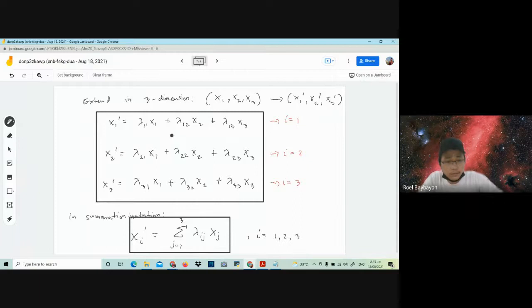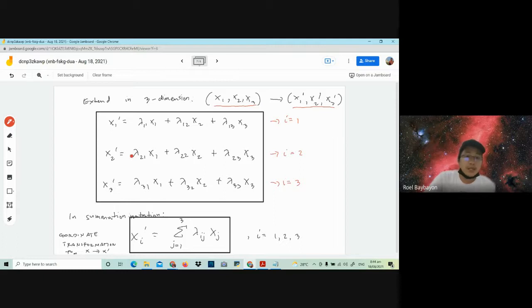In summation notation, this is now my coordinate transformation from x to x prime. Sakto? From x to x prime. Okay? So gikan sa katong mga x1, x2, x3, to x1 prime, x2 prime, x3 prime.